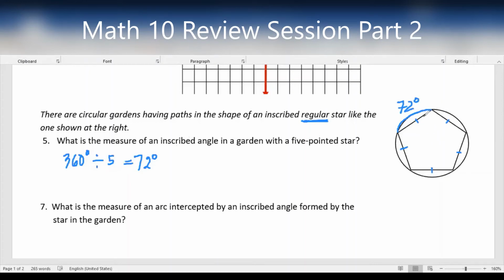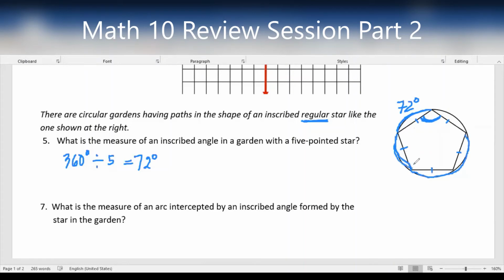Now, this is the inscribed angle. It's intercepted arc. So, ang 72 yung arc, not the angle here. Okay? Hindi yung angle dito. Now, what is the intercepted arc? Ito yon. There are 3 intercepted arcs covered by the inscribed angle.